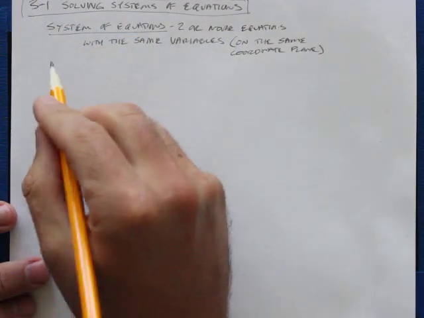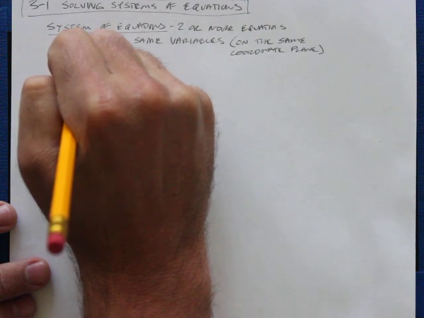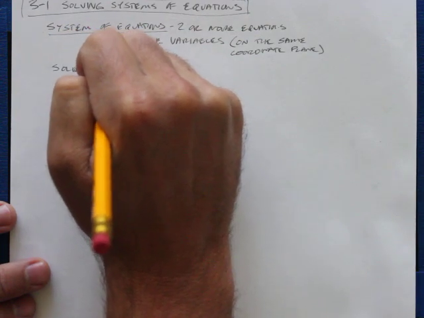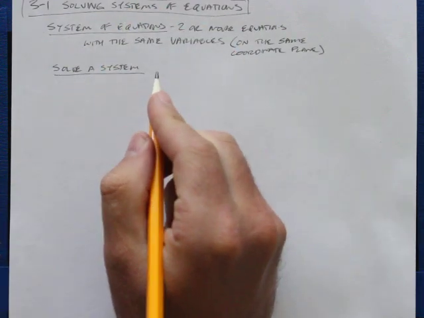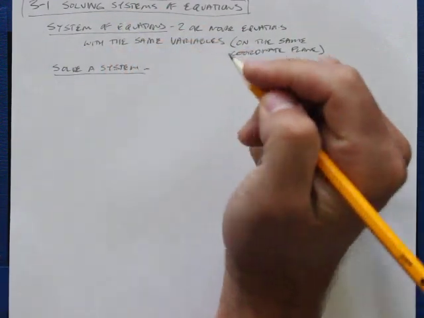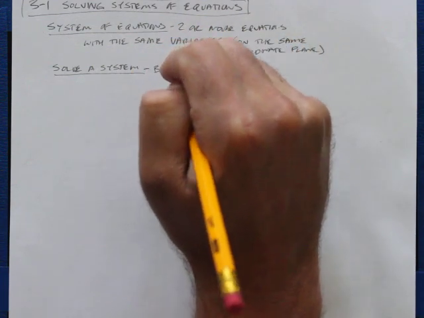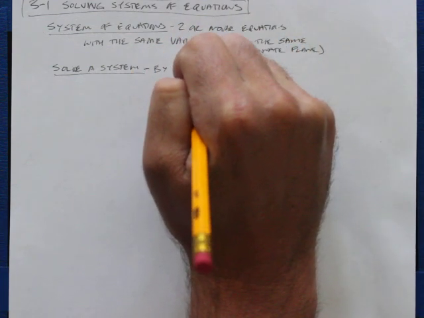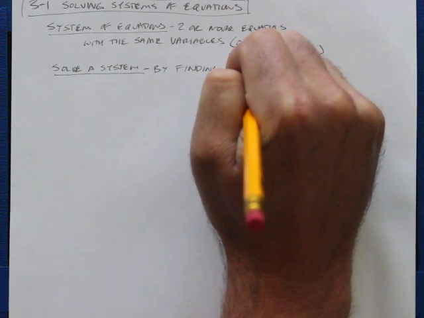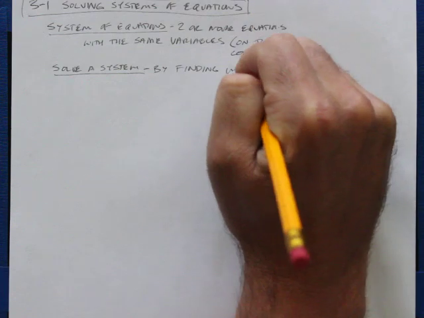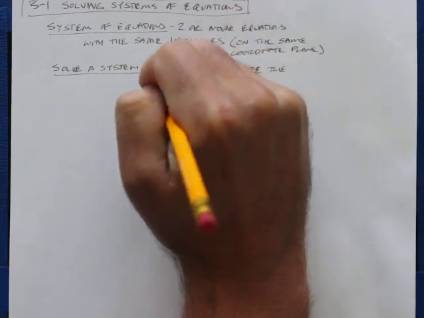One other definition we want to talk about is solve a system. When we're asked to solve a system, we are trying to find where the lines meet. We solve a system by finding where the lines meet.